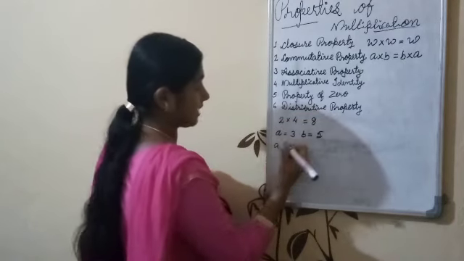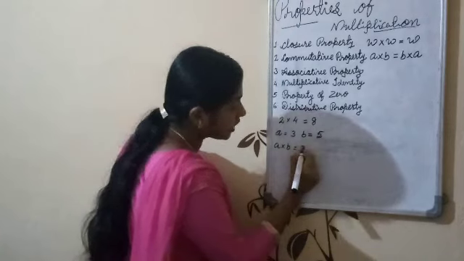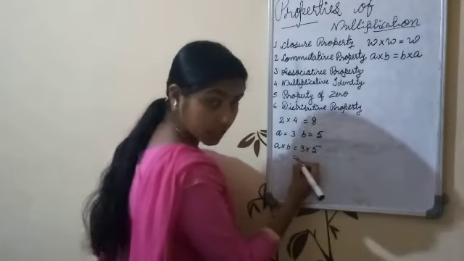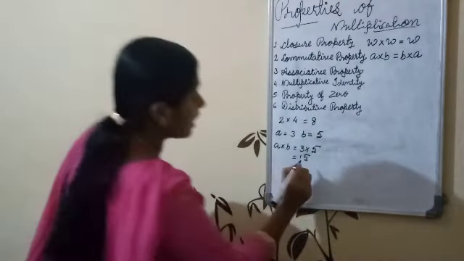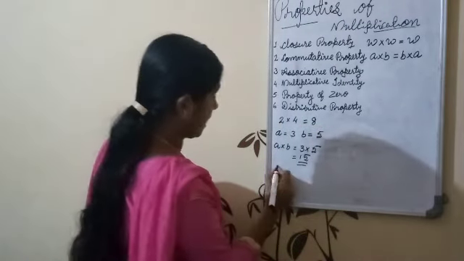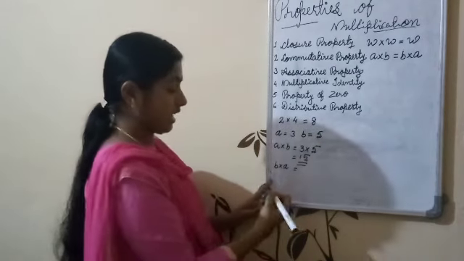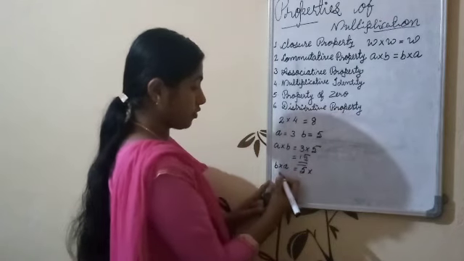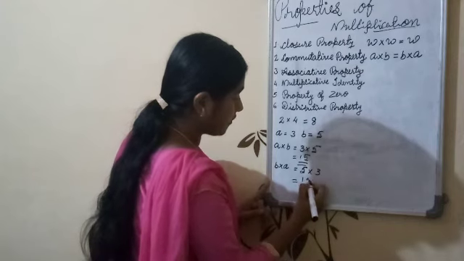Therefore, first side, let us take a into b. Here a is equal to 3, so 3 into 5. 3 5s are 15. Then second, b into a. Here b is equal to 5, and a is equal to 3, so 5 into 3. 5 3s are 15.